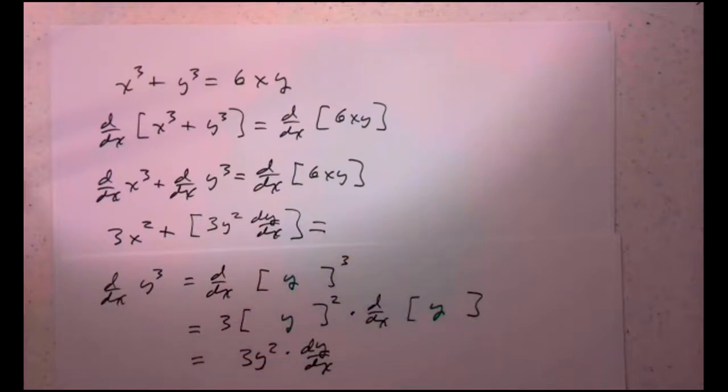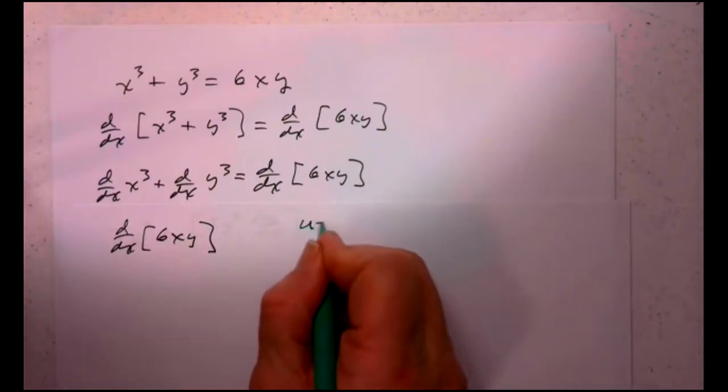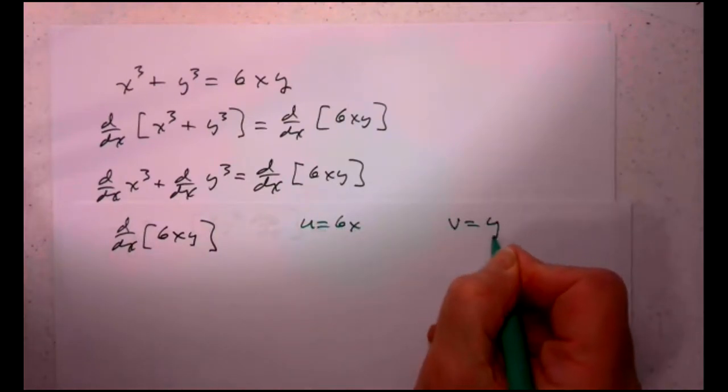Equals. Now the next piece is the derivative with respect to x of 6xy. To do that, we're going to need to use the product rule. So how are we going to do that? Well, the derivative with respect to x of 6xy is what we're working on here. Using the product rule, I'm going to say that u is 6x and v is y.